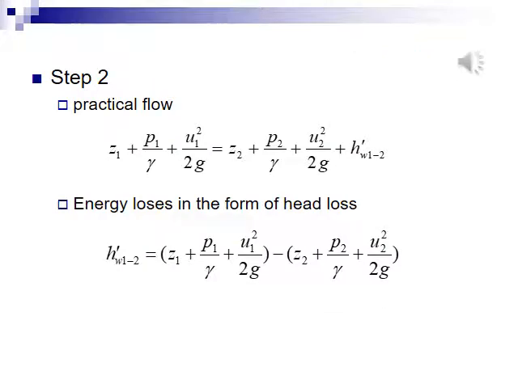Now we come to step 2. If the flow is a real flow, not an ideal flow, we must consider resistance or energy loss. So we add a term h'w1-2 that represents the energy loss of fluid moving from point 1 to point 2. This term is called head loss.